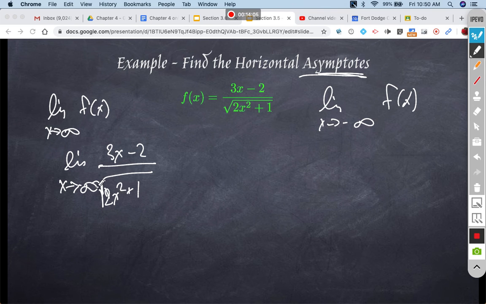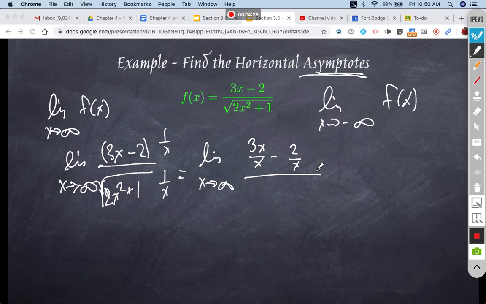This is an x squared, but it's the square root of x squared, so it really is an x. So we're going to multiply top and bottom by 1 over x. Limit as x approaches infinity of 3x over x minus 2 over x, divided by the square root of 2x squared plus 1, divided by x.